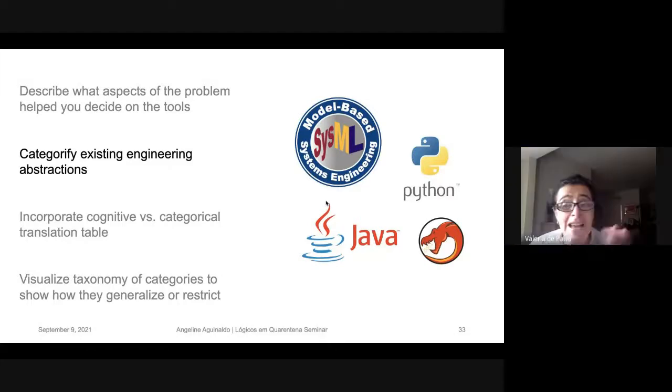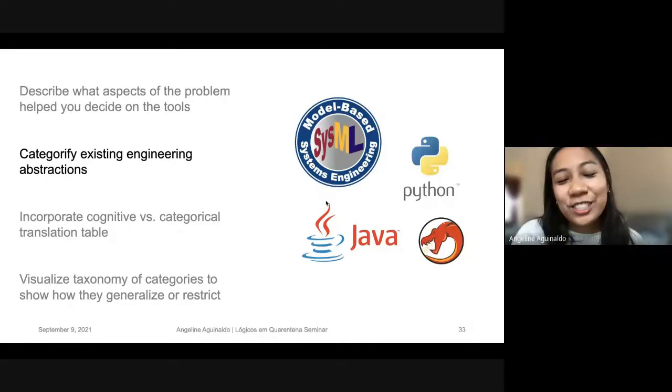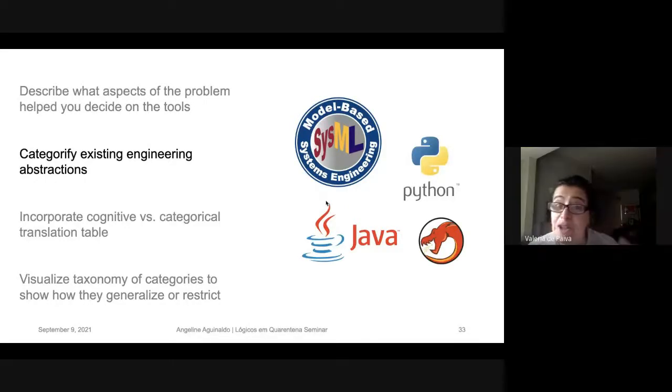So this is kind of hard, because I don't think the engineering abstractions are that consensual. But it's pretty good. I like it. Might as well go for the top prize, but it is hard, right?